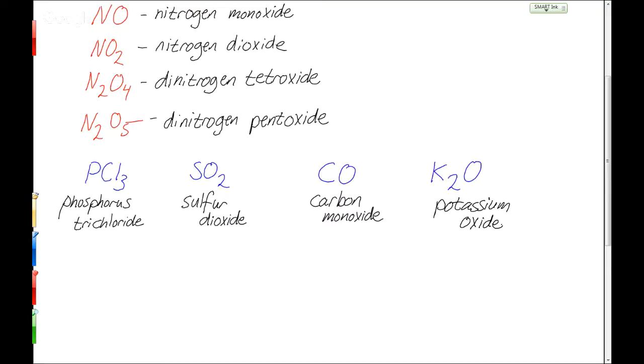So that one was kind of in there to trick you. K2O is an ionic compound, so it doesn't fit in this category. We can't call it dipotassium monoxide. We call it potassium oxide because that's an ionic compound, so it uses different rules.